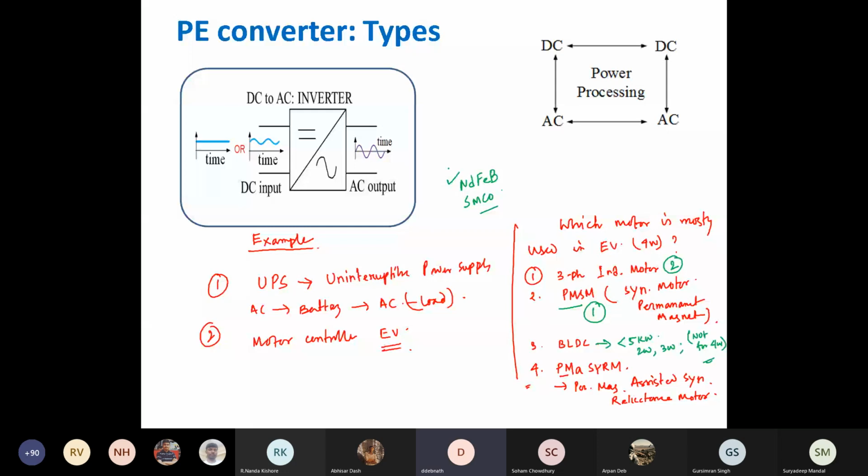Can you see the samarium cobalt and NdFeB? Yes, sir. Right. So I'm not writing now, I'm just telling. Maybe you can note down.